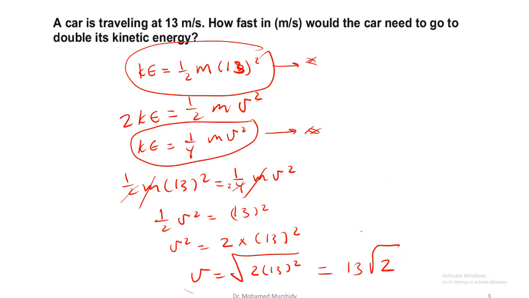How much is that? I think it's maybe 18.38 meters per second. So if the speed of the same car changes from 13 meters per second to 18.38 meters per second, the kinetic energy will double.